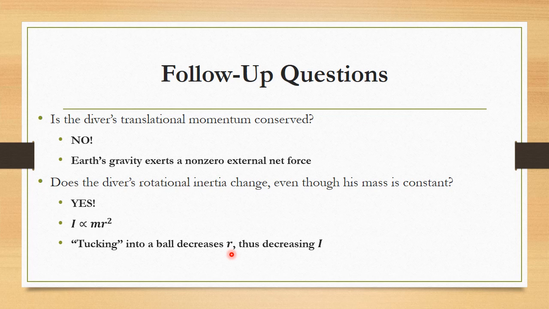This is how far from the rotational axis each particle in his body is located. So when you rotate something, it is harder to rotate an object if it is farther away from the rotational axis. Therefore, tucking brings more of the diver's mass closer to the center of rotation and therefore decreases the r value, which decreases the I, or inertia value.